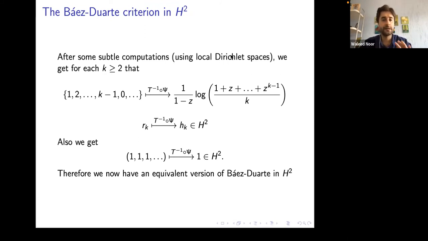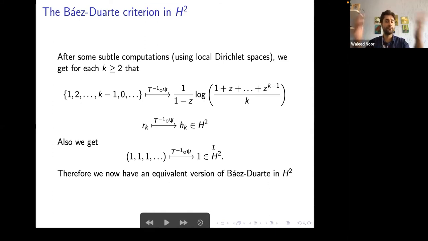But the idea is that in the end, the periodic sequences 1, 2 until k minus 1, they are mapped onto this holomorphic function 1 over 1 minus z, the logarithm of this polynomial divided by k. And what happens to the constant sequence? It becomes the constant function 1.